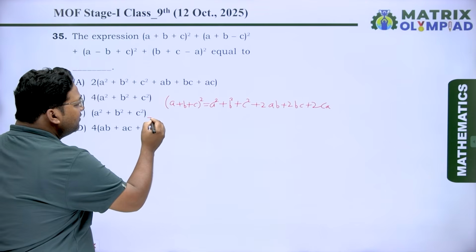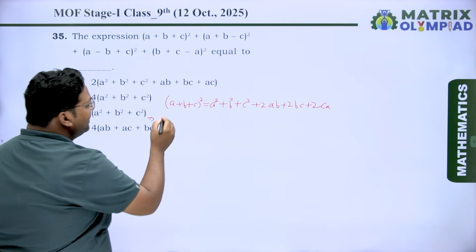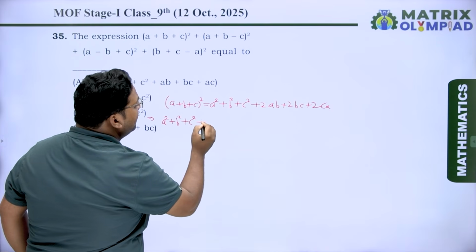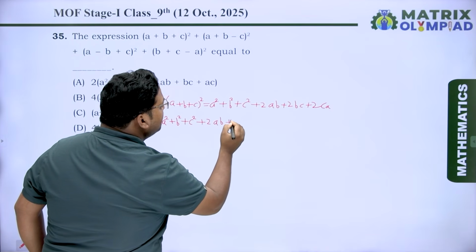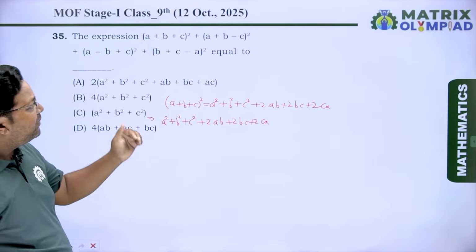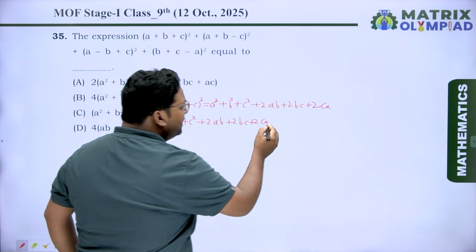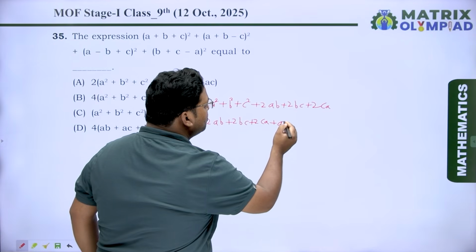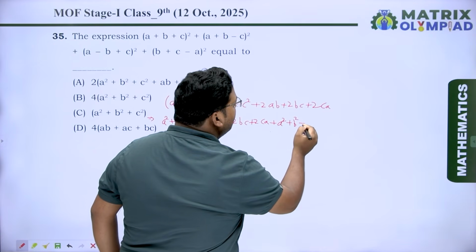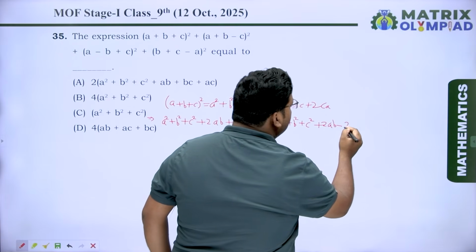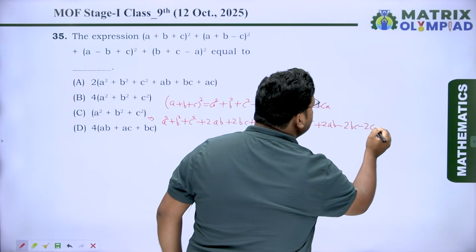So we have to apply this identity here. From the first term, we will get a square plus b square plus c square plus 2ab plus 2bc plus 2ca. Next is (a + b − c) whole square, which is a square plus b square plus c square plus 2ab minus 2bc minus 2ca.